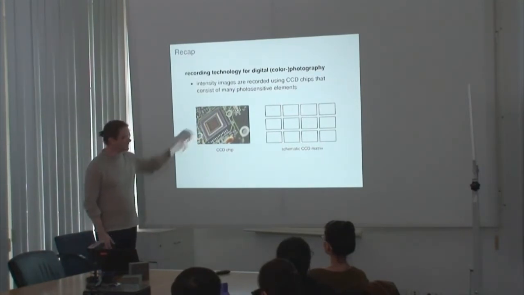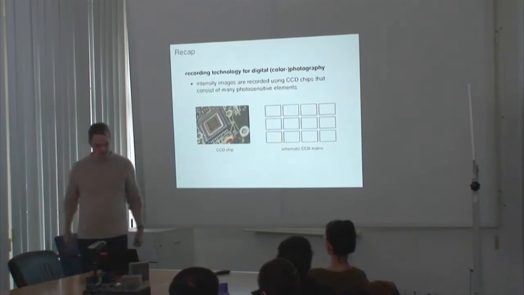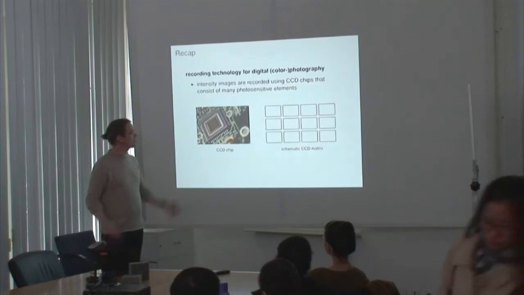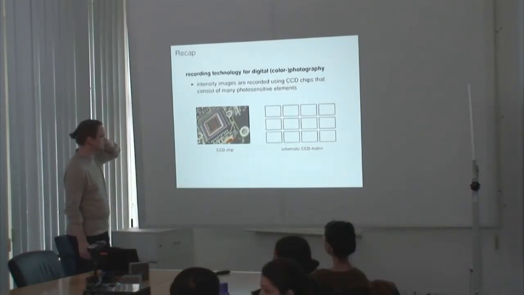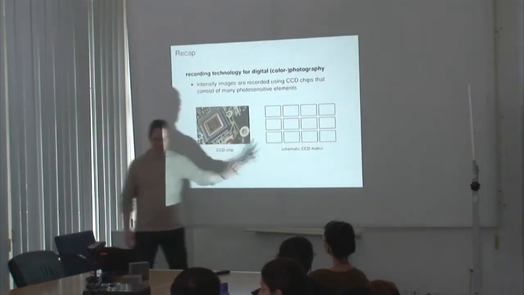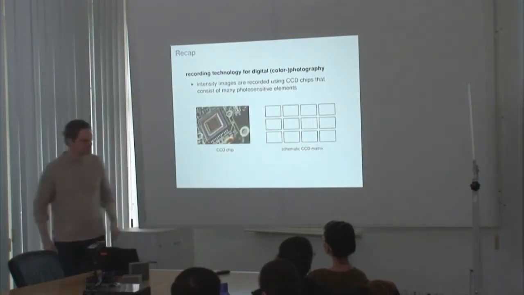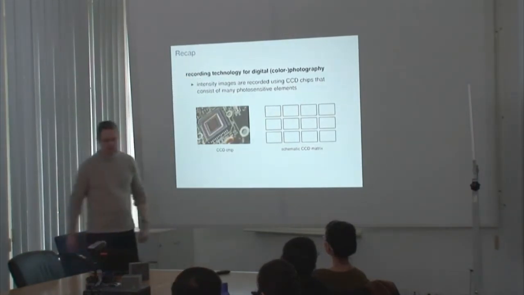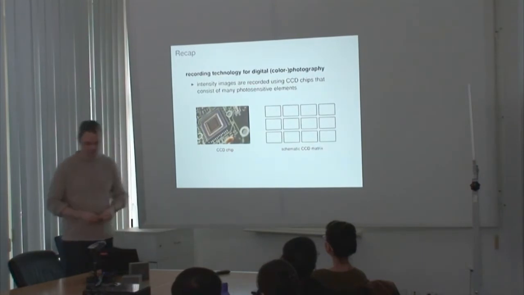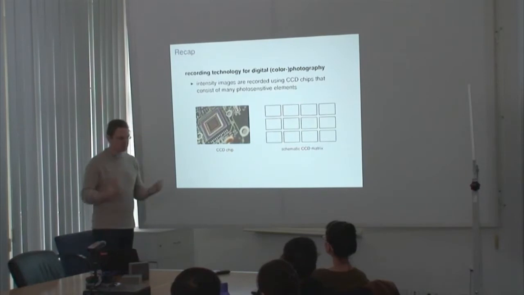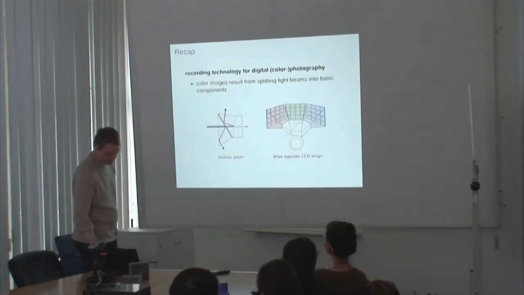And the main component of such a digital camera is the CCD chip, charge coupled device, a semiconductor device that consists of a lot, and this is just 12, but it's much more in practice, of tiny photosensitive elements that are able to turn light waves or photon counts into charges, so basically electron counts, which we can process.